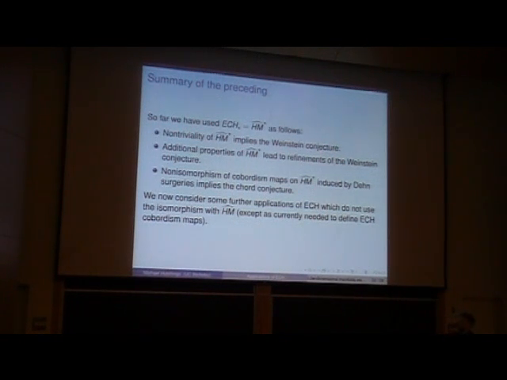If you use more facts about Seiberg-Witten Floer and translate them into facts about ECH, then you can refine the Weinstein conjecture at least a little bit. And then the fact that cobordism maps on Seiberg-Witten Floer cohomology are not isomorphisms when these cobordisms are given by surgeries implies the Reeb chord conjecture. It's possible that you could use more information about these cobordism maps to refine it. I don't know.